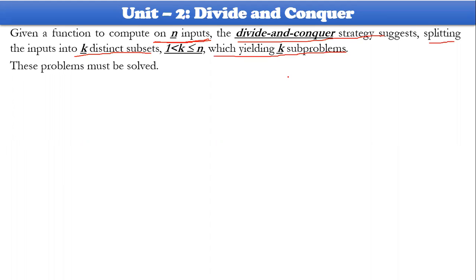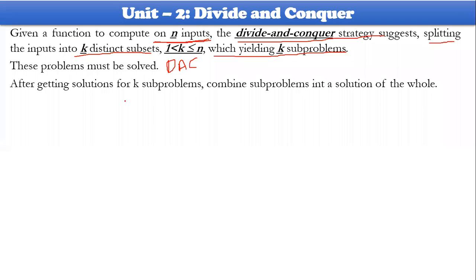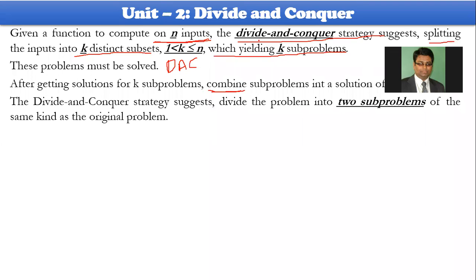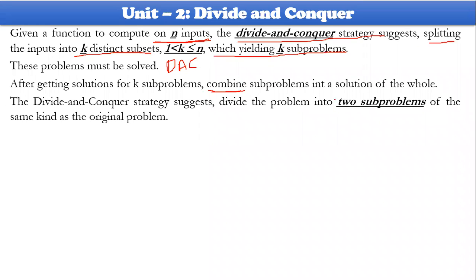Then these k subproblems must be solved by using divide and conquer, normally specified as DAC. Using DAC, the subproblems will be solved. After getting solutions for the subproblems, the third operation will be combine. Divide and conquer always suggests that the problem will be divided into exactly 2.